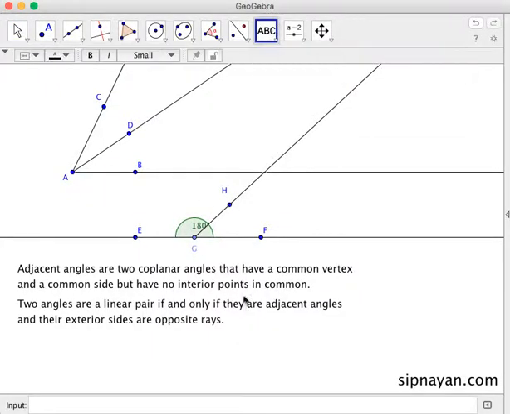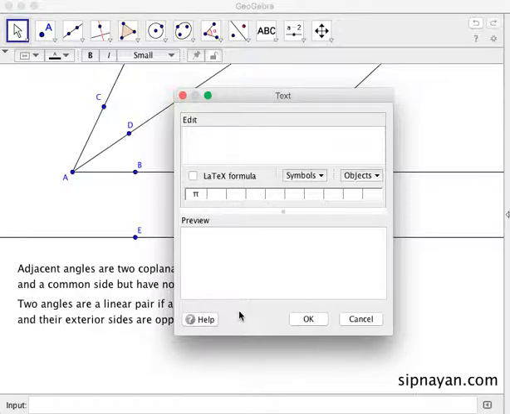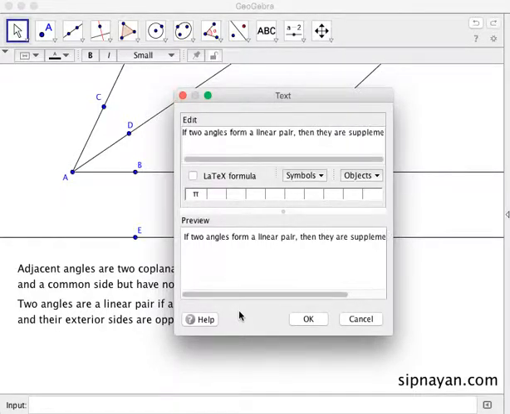So, yan yung pinaka third concept natin, no? If two angles form a linear pair, then they are supplementary.